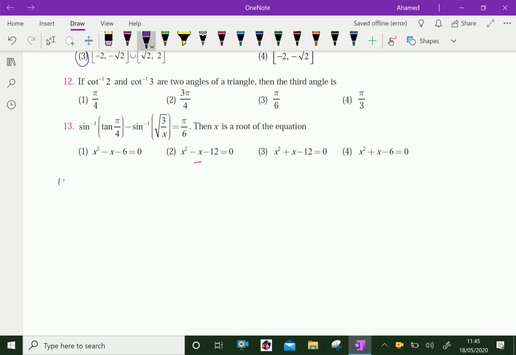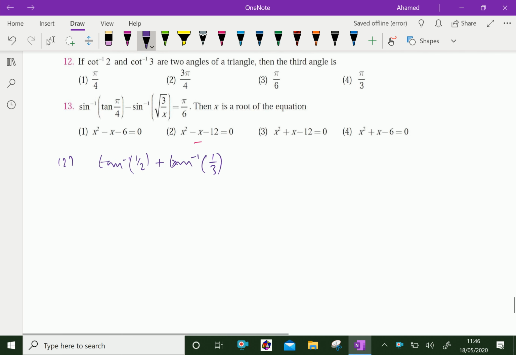We know that cot inverse 2 is given, therefore instead of cot inverse we can write tan inverse half. Then the other angle is tan inverse 1 by 3, because cot inverse 3 is given.